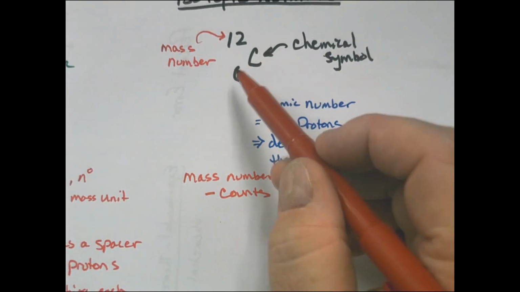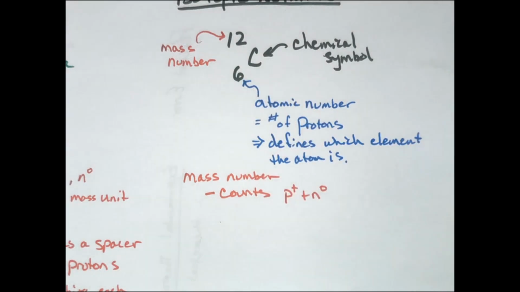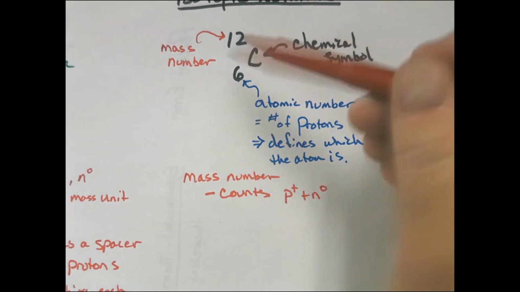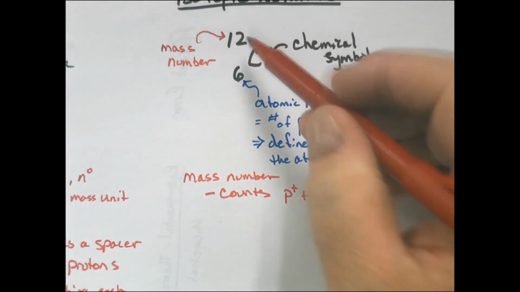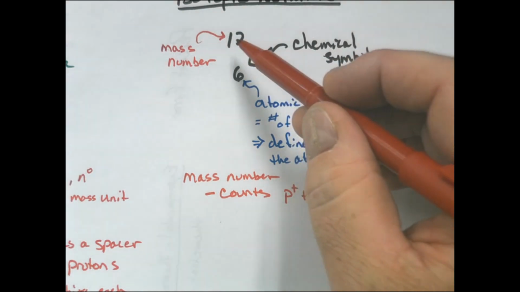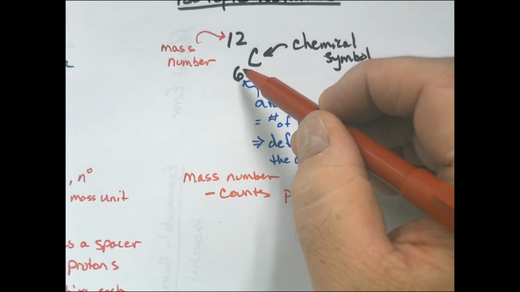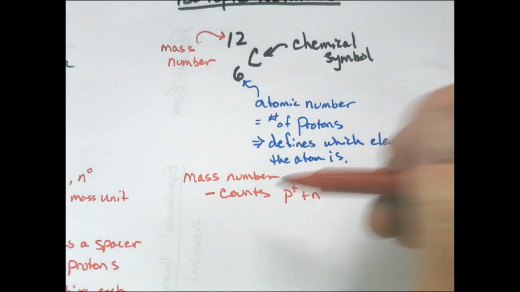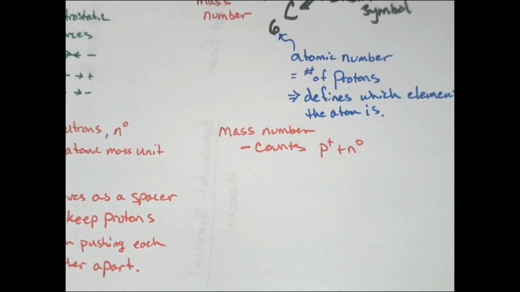So in this particular case, how many neutrons would we have in this atom? We would have 6. And how would we come to that? We get 6 neutrons because we have a mass number of 12, right? And 6 plus 6 equals 12, or this 12 minus that 6 equals the remaining neutrons that we need to account for our mass. Which brings us to the idea of an isotope.